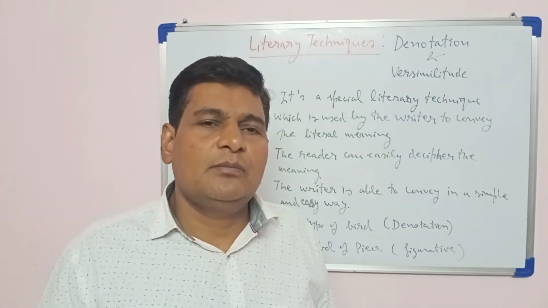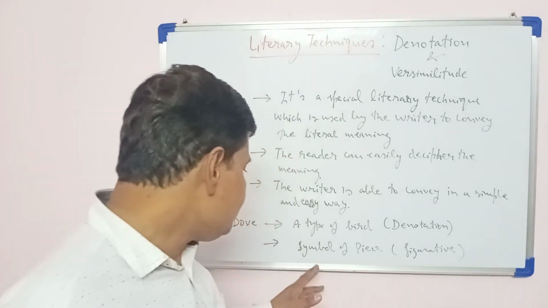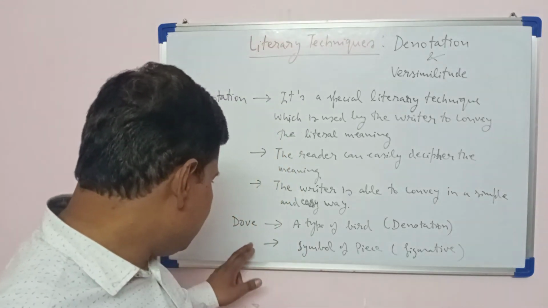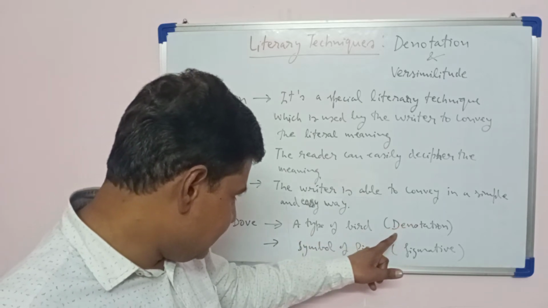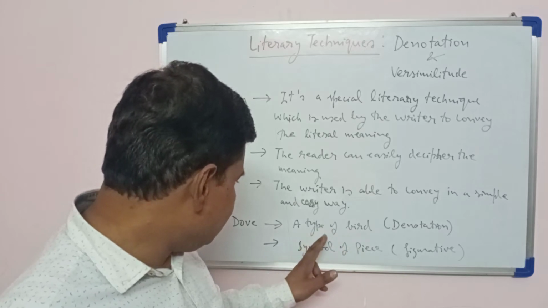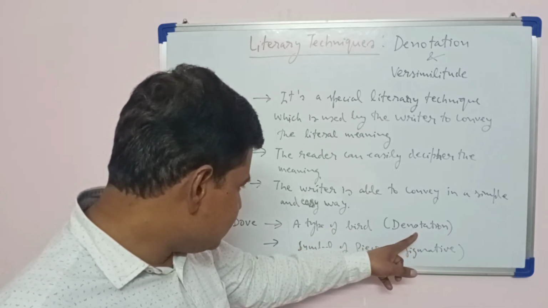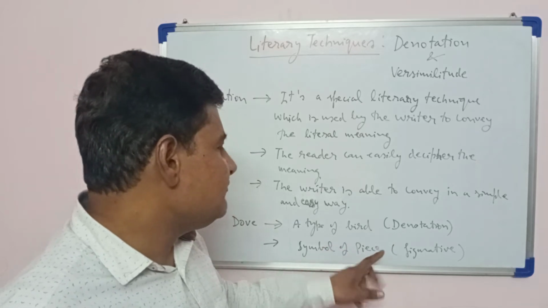We will understand about connotation in detail in some other class. So here this makes the difference. Dove means a type of bird when it is written with the sense of denotation, and with figurative meaning, a symbol of peace.